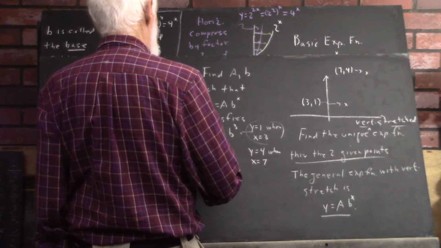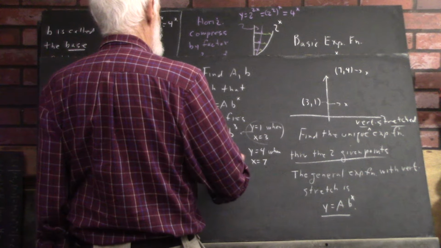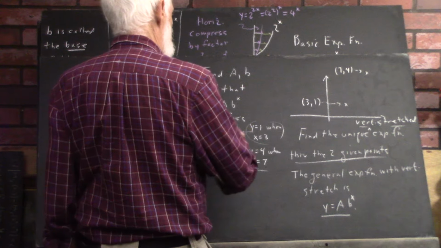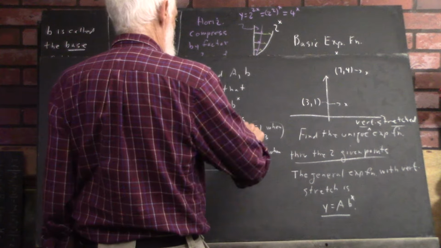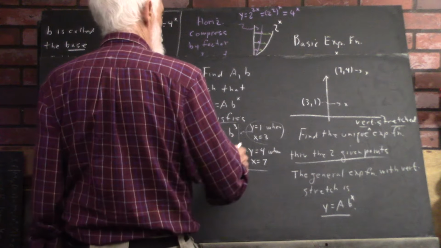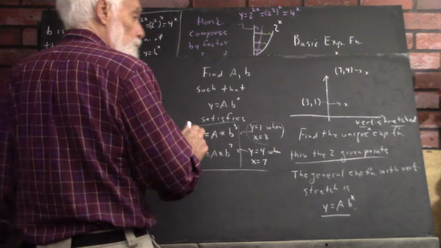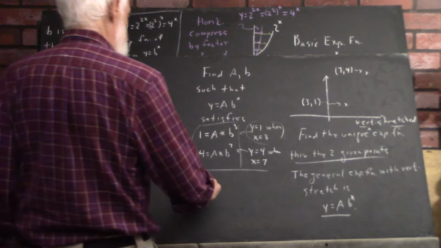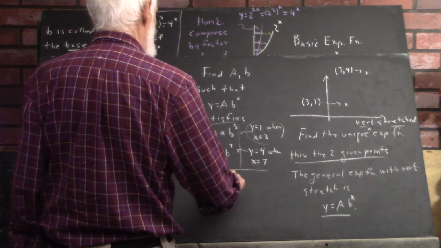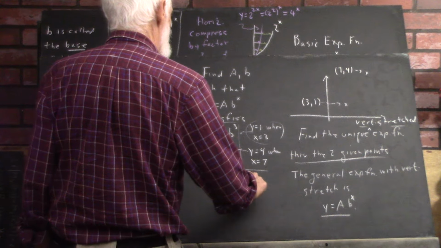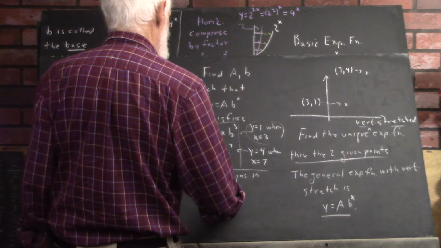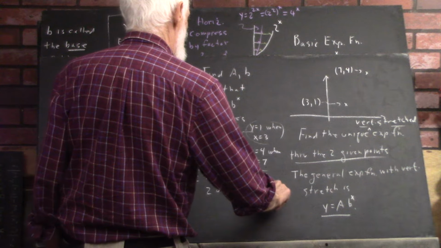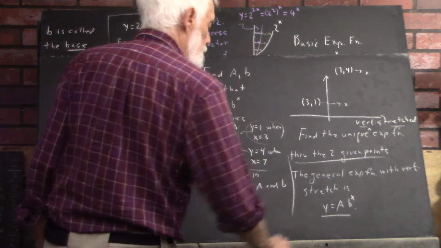So you get 4 equals a times b to the 7th. This is a set of two simultaneous equations in two unknowns. Okay? And the unknowns are a and b.